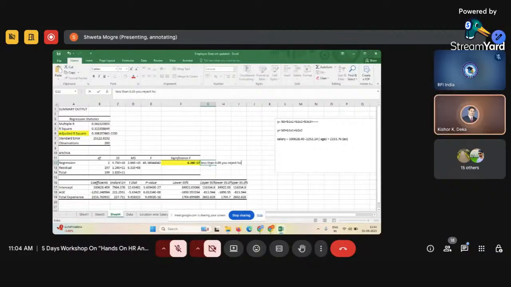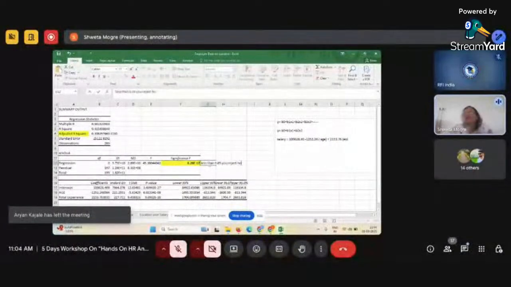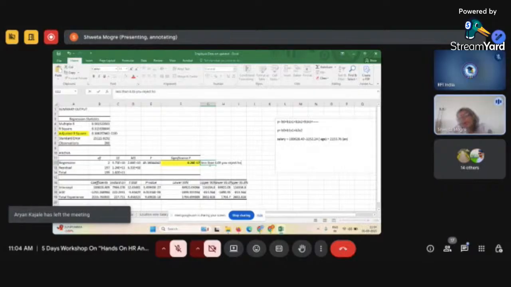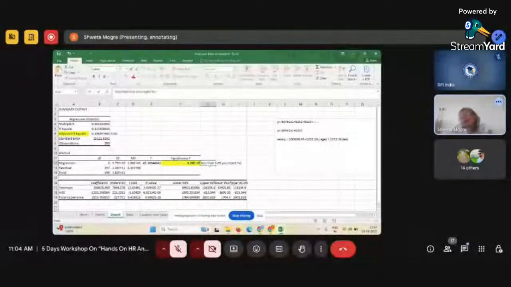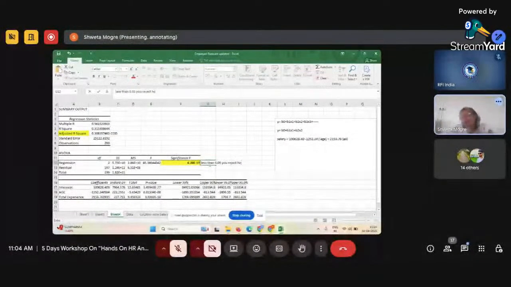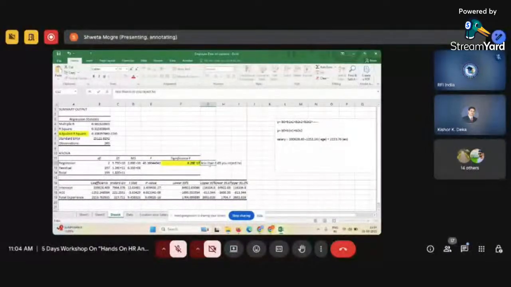Age and experience are not having any impact on salary. So I am rejecting this hypothesis, and what it means? Age and experience are having impact on salary. Okay, so this is the role of hypothesis testing.